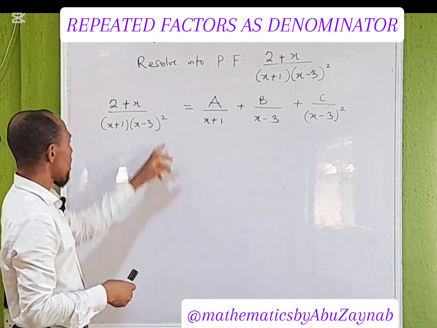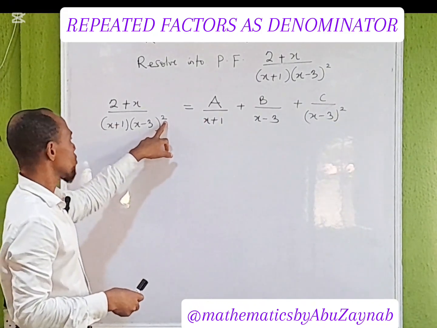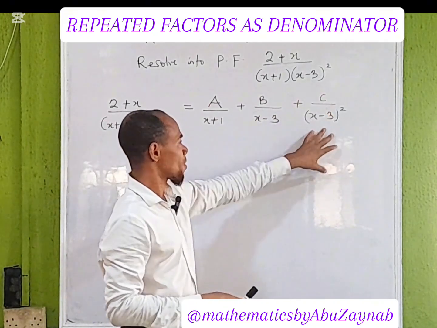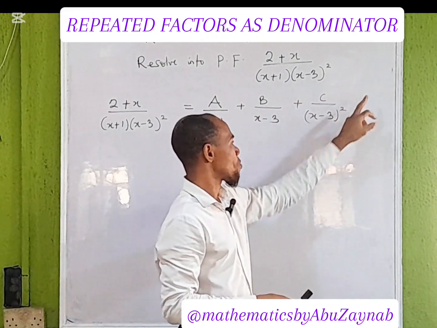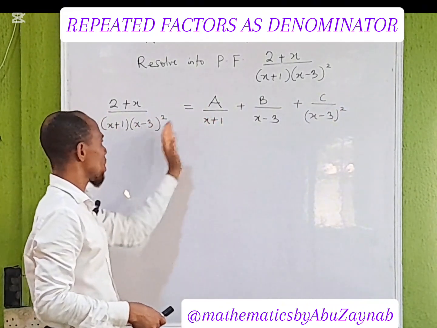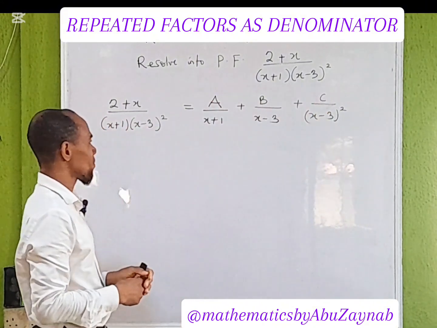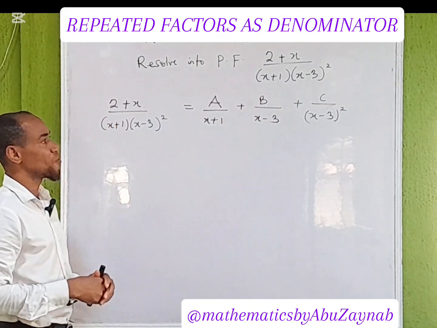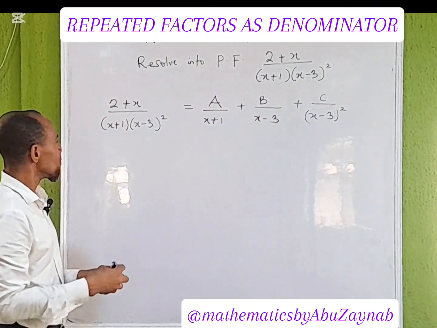In other words, if this power had been 3, it's going to be B over (x - 3) plus C over (x - 3) squared, then plus D over (x - 3) power 3. So we go the power from 1, 2, up to the last power in the question. So this is more or less the format for solving questions involving repeated factors or roots.